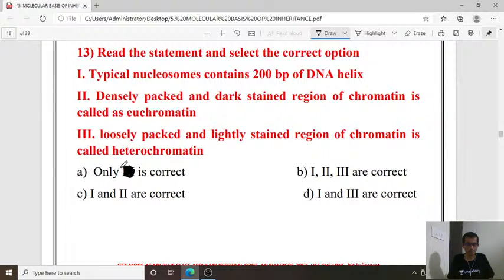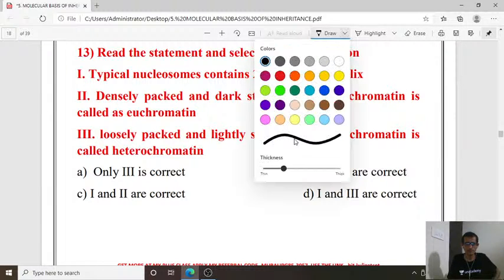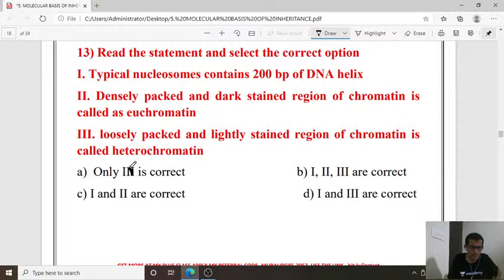The right statement is only the first one. Only the first one is correct, so we are going to change that here. So the answer is A for question number 13.